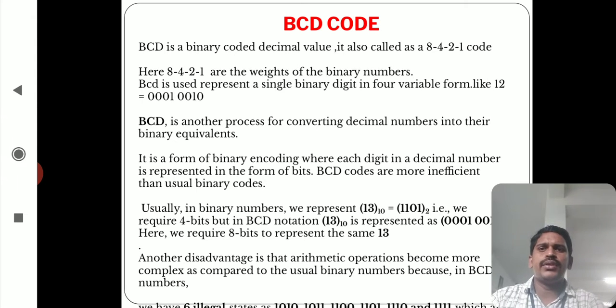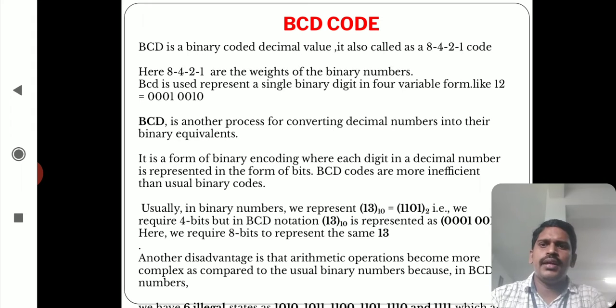But in BCD notation, 13 is represented as 0001 and 0011, because 1 is represented separately in 4 bits, and 3 is in 4 bits.